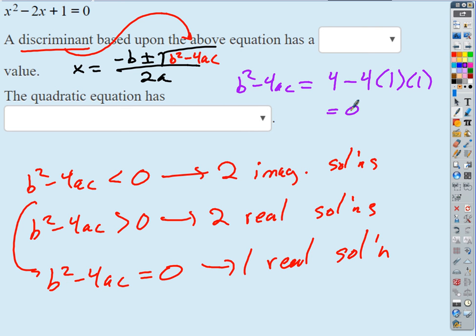It's 0. So that tells me the equation has 1 real solution.